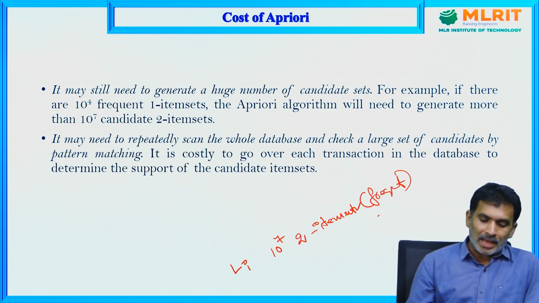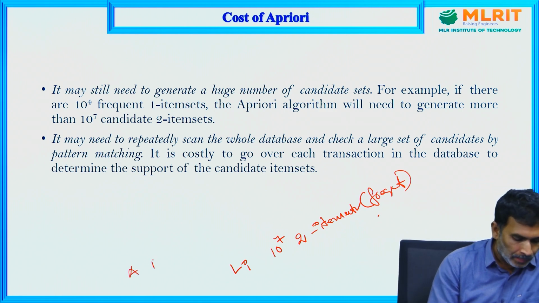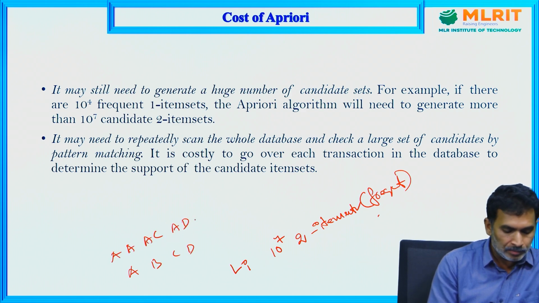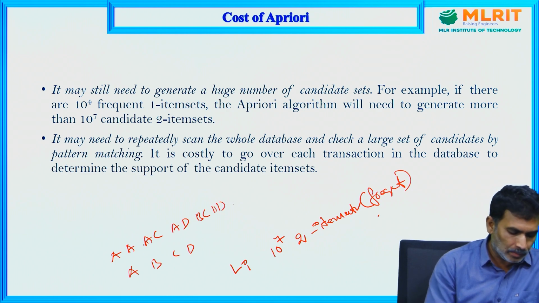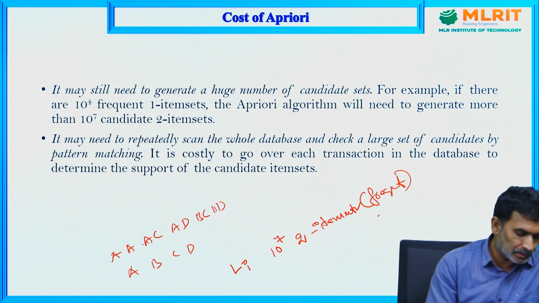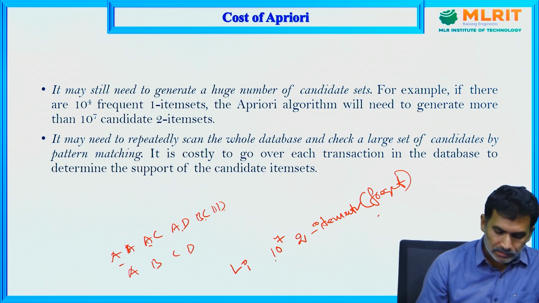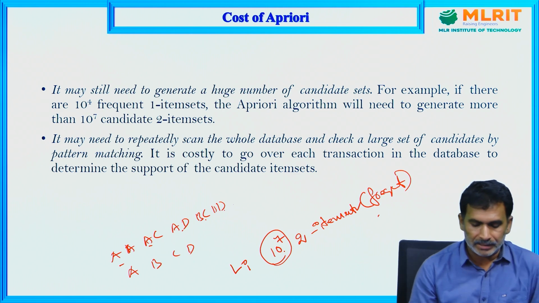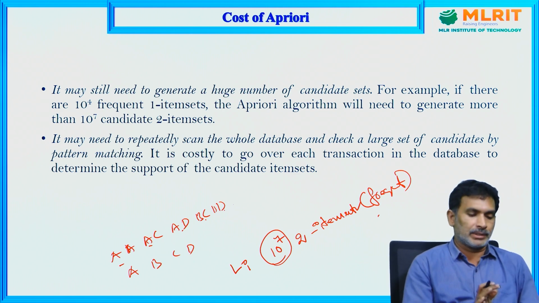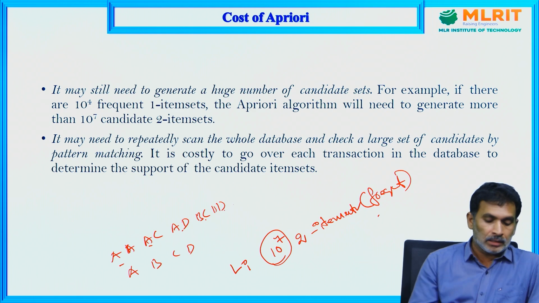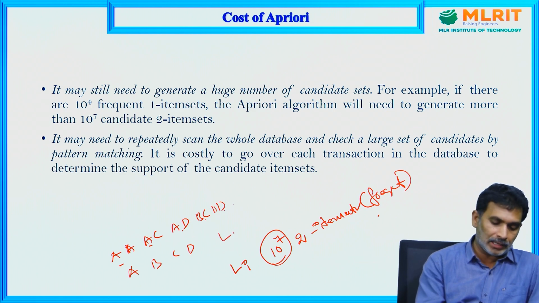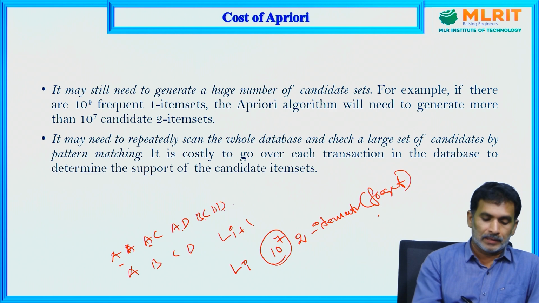So then you could imagine, like suppose if you take A, B, C, D, there will be AB, AC, AD, BC, BD, like these are the possibilities. So you can see here how many item sets: AB, AC, 1, 2, 3, 4, 5. So if there are 10 to the power of 7 2 item sets qualified as frequent item sets, then you could imagine how many candidate item sets need to be generated at the Li plus 1 level, next level, that is 3 item sets.